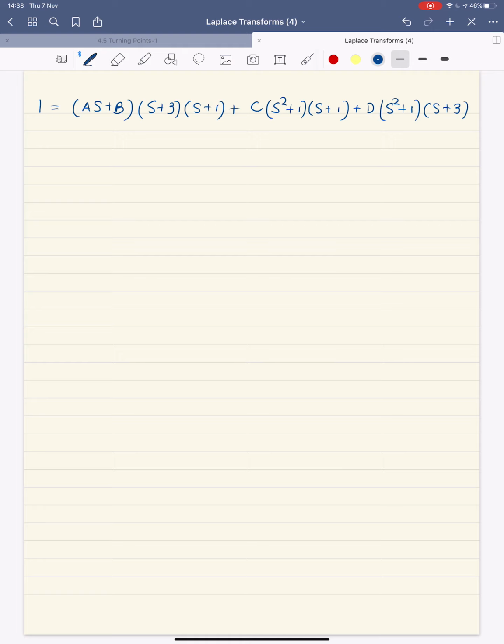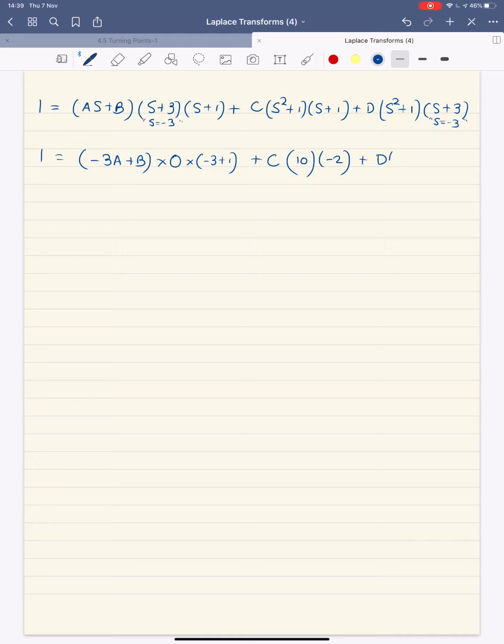Let's start by letting s equals minus 3 to make some of these equal to 0. That's because if we put s as minus 3, they're going to be 0. So 1 is minus 3A plus B times nothing, so I'll just leave that there. Then C times (minus 3 squared plus 1), which is 9 plus 1, which is 10, and then (minus 3 plus 1), which is minus 2.